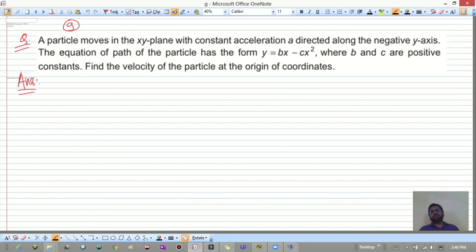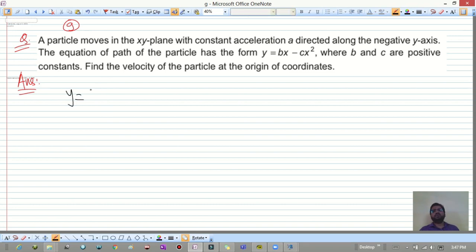The ninth question: a particle moves in the xy plane with a constant acceleration given. The equation of the path is given. Find the velocity of the particle at the origin of coordinates. Origin means initially, what will be the velocity.